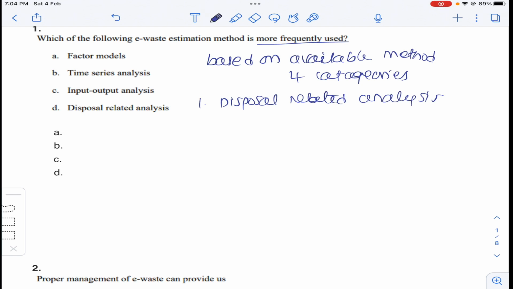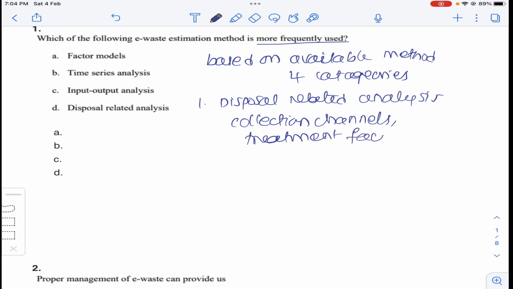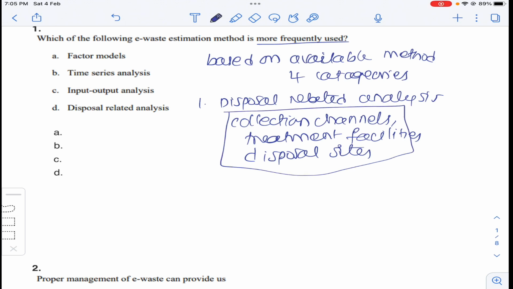This method uses e-waste figures obtained from collection channels, treatment facilities, and disposal sites. So, disposal related analysis uses all this data.